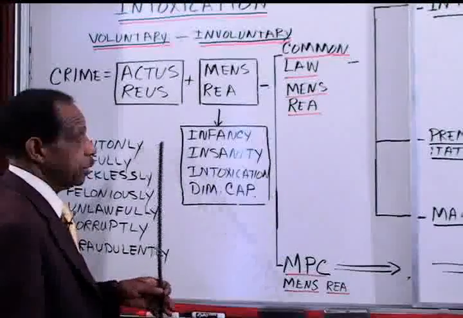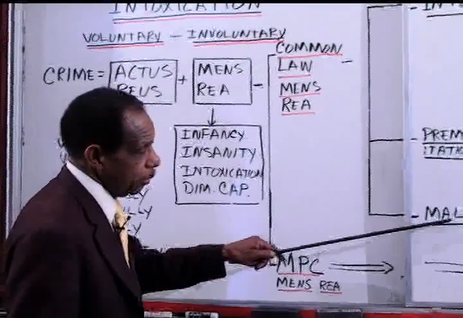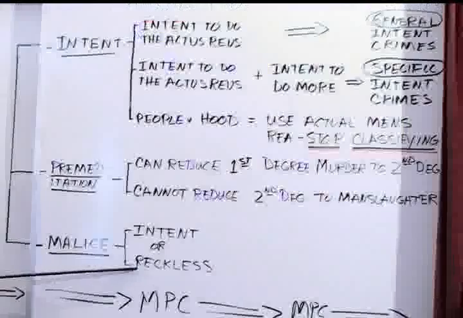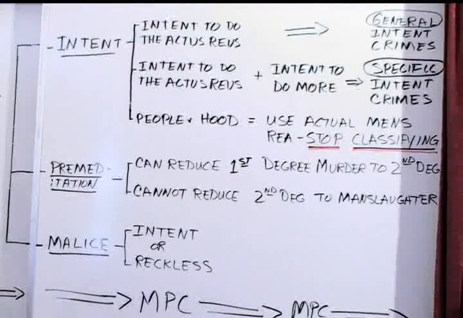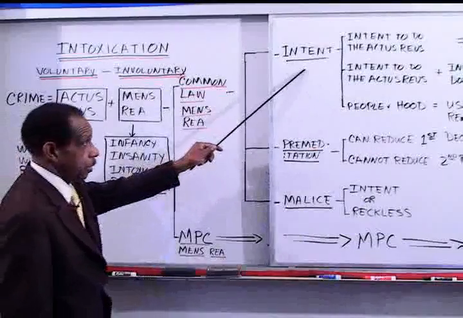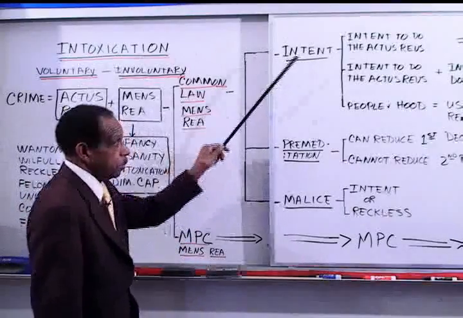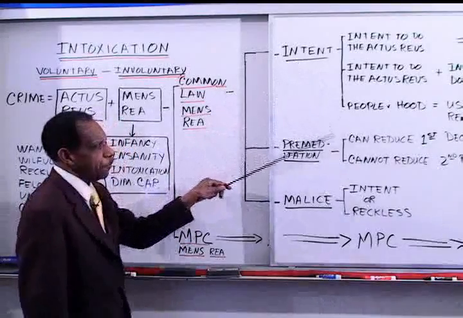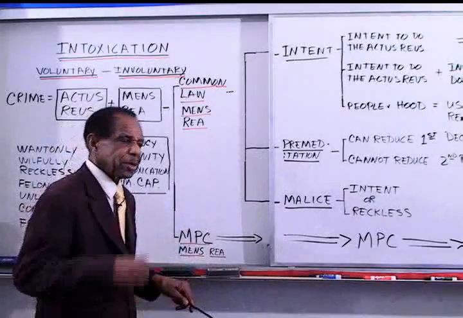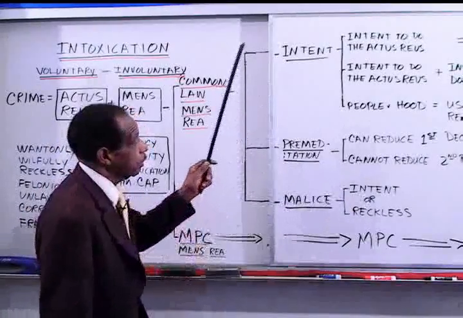Well, wantonly, malice is either intent or reckless, so wantonly is the same as recklessly. Willfully, the person acted intentionally. So all of these will equal some combination of these. So these are the fundamental states of mind we have to be concerned about in crimes.